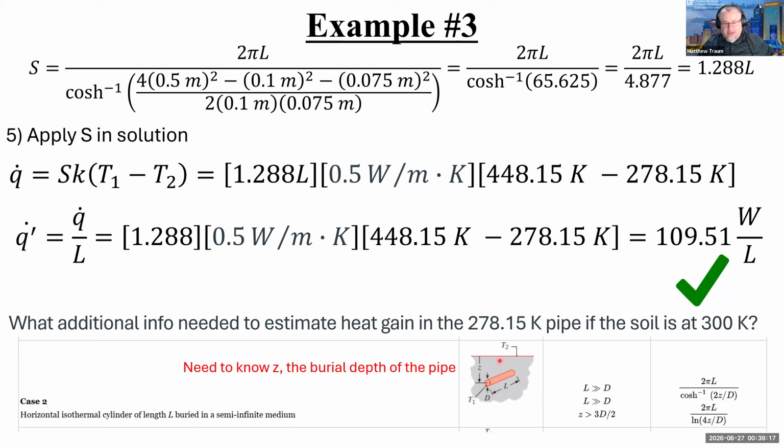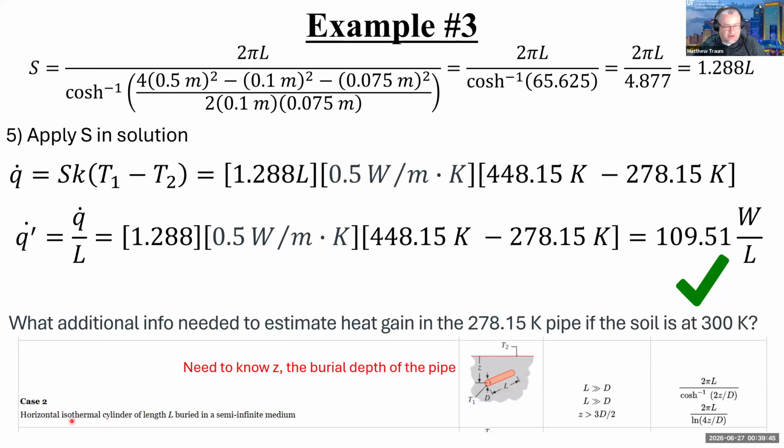And why? Because I can treat each one of these cylinders as its own individual buried cylinder in an infinite medium, but I don't know how deep these are buried, right? So if I knew how deep they were buried, I could actually use this approximation to figure out the heat transfer between the cylinders and that solid surface at, I think it's 300 Kelvin, with the shape factor, right?